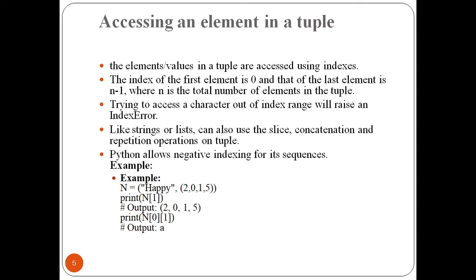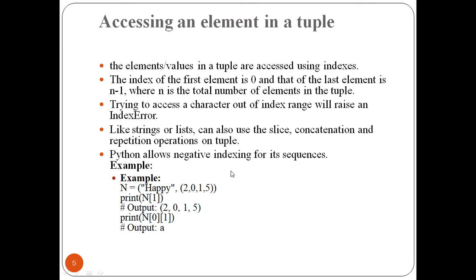Now, accessing elements of a tuple. It is the same as with a list. In a list we access elements from 0 to n minus 1, where n is the size, and here also we access 0 to n minus 1. If it is a nested element, then you need to access two indexes: n of 0 to 1 means, this is 1, 0, and 1 means A. So n of 0 to 1 is the A, and n of 1 is the entire tuple.